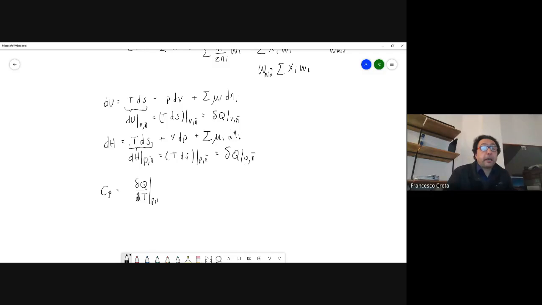At constant P and composition, we will have to divide here by the total number of moles, simply because we're interested in the amount of heat per unit mole, for example. But we could also have it in mass form, so per unit mass. So it's the amount of heat needed to raise the temperature by 1 Kelvin for a unit quantity, which is, for example, 1 mole of substance.